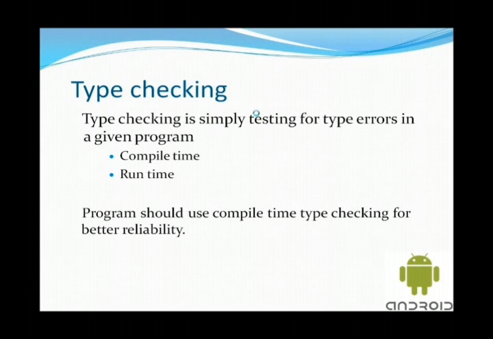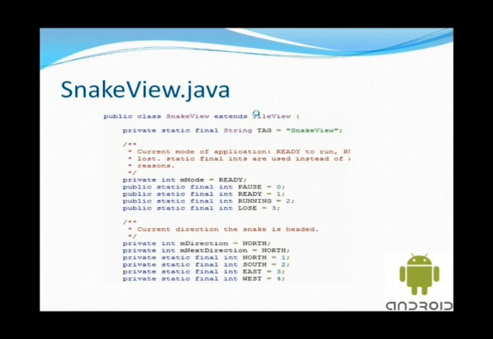This is a code part from the Snake game program. Here you can see a variable declaration. It uses a strong type variable declaration, which means before the variable name its data type has been defined.